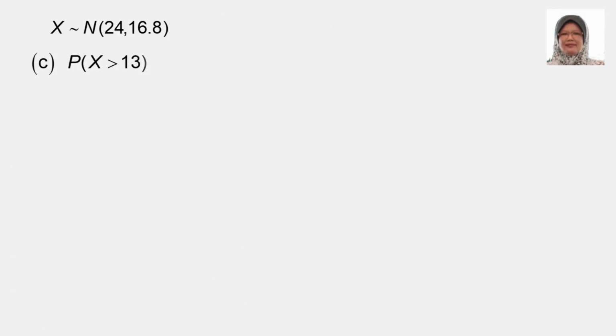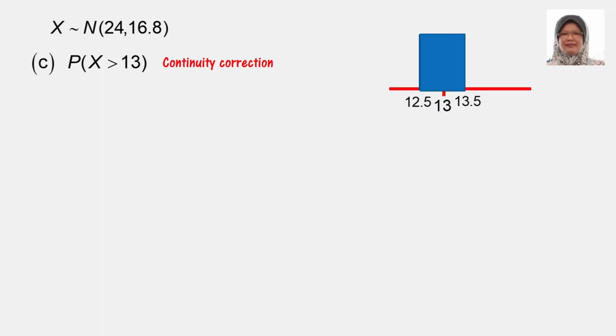Okay, C, P(X greater than 13). We do continuity correction. We don't want 13 as an answer, so we take P(X greater than or equal to 13.5).